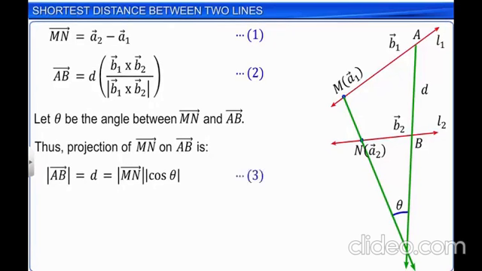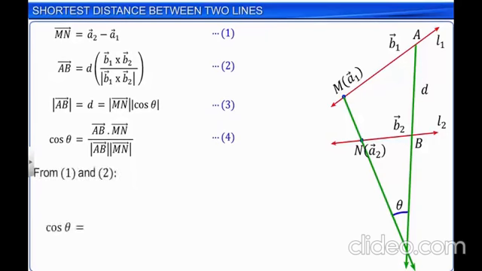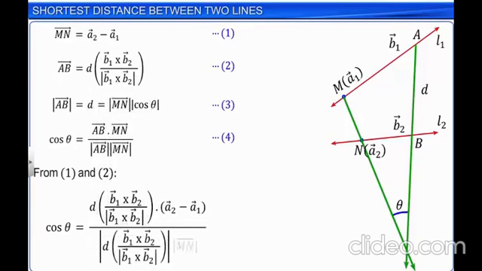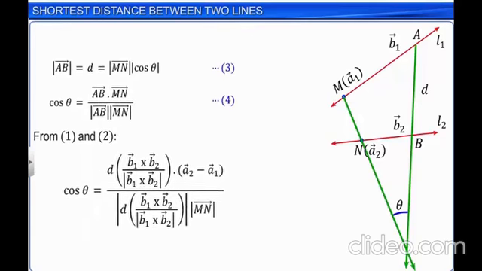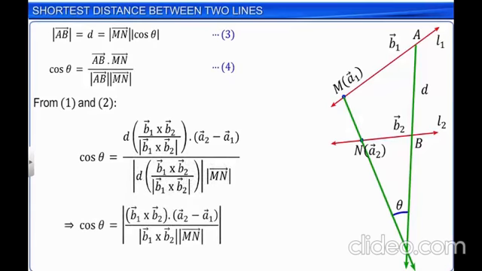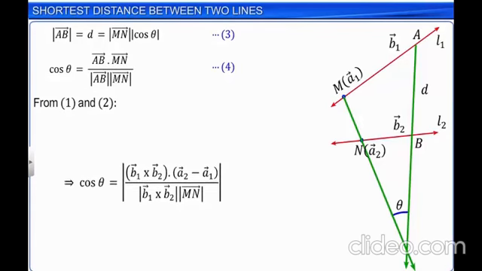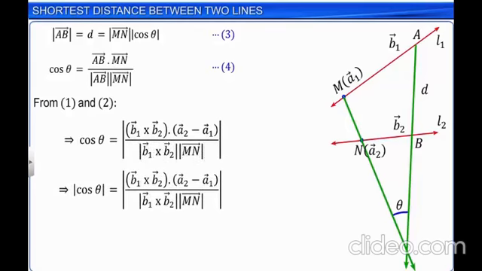Cos theta is also given by the dot product of vectors AB and MN divided by the product of their magnitudes. Let this be equation 4. Substituting the values from equations 1 and 2 in equation 4 and simplifying, we get equation 5.